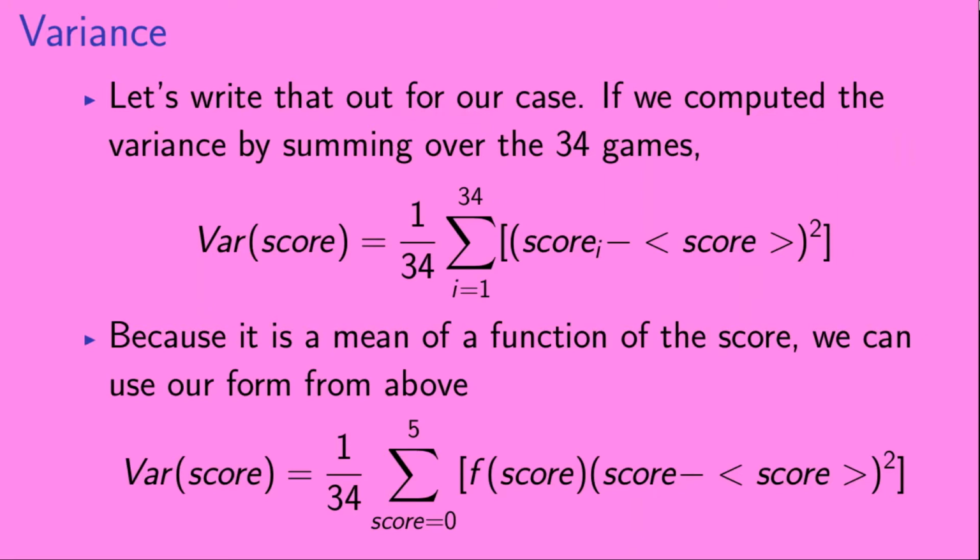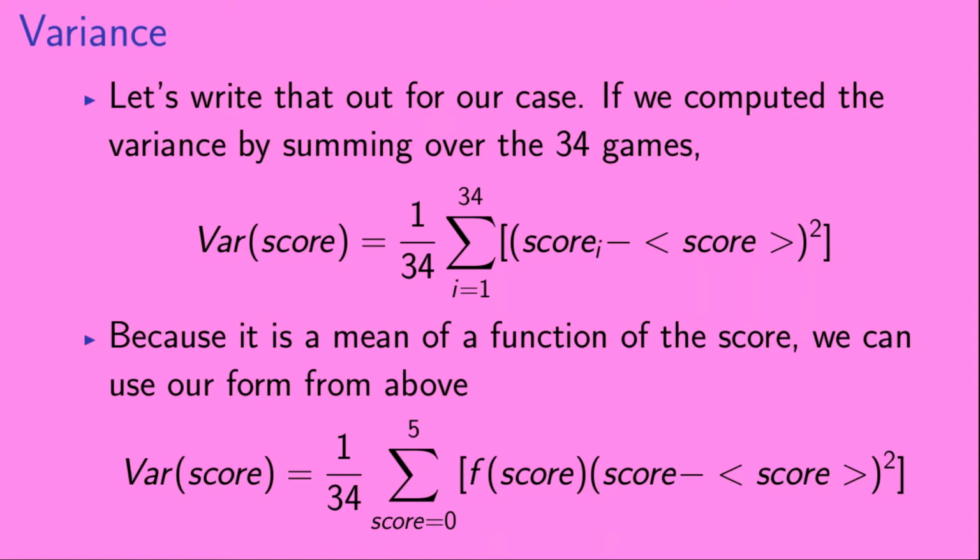Okay, so let's write that out for our case. If we computed the variance by summing over the 34 games, we would write that out as follows. The variance of the score is equal to 1 over 34 times a sum over the 34 games of the square of the difference between the score from a particular game and the mean score.